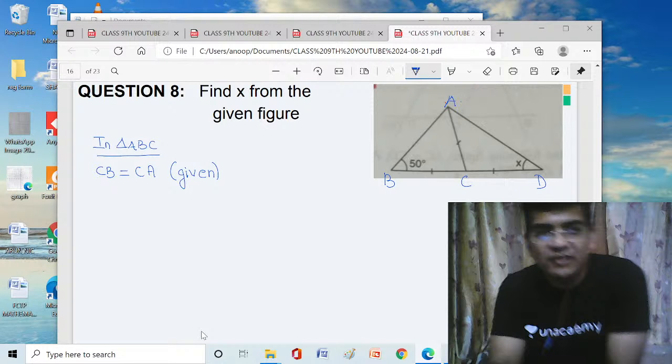Now, if CD is equal to CA, then angles opposite to them, same property: angles opposite to equal sides in an isosceles triangle are equal. So, these two sides are equal, so angles opposite to them will be equal. So, we can say opposite to CD, I have marked R, and opposite to AC, it's given X. So, R is equal to X. You can use the same property.